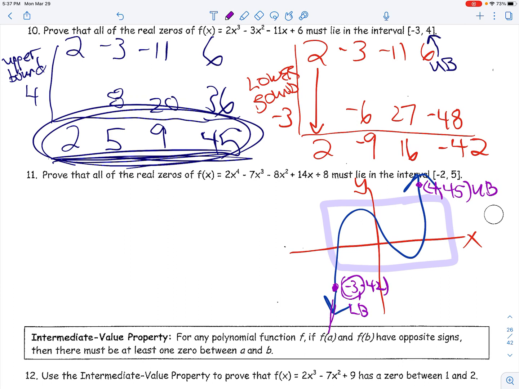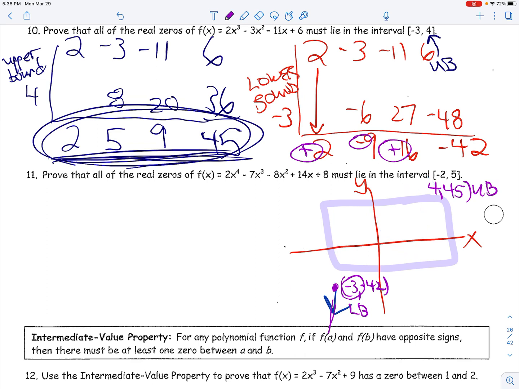When you do -4 for x, you're going to get another number less than -42, because of the alternating signs in the last line here for the synthetic. So that's all it is, people. It just means it's not going to curve back up here to the left of -3 and intersect the x-axis. Same thing with the upper bound.